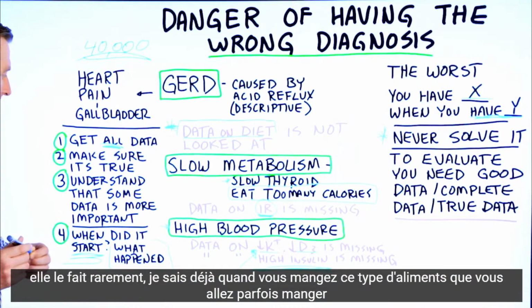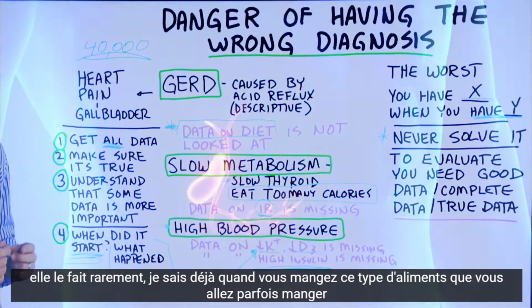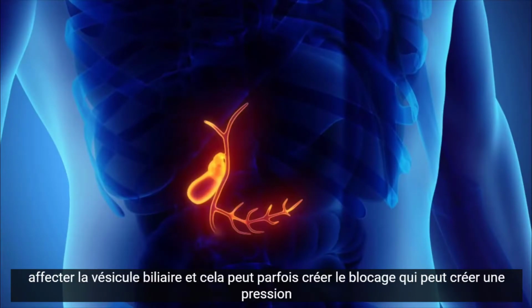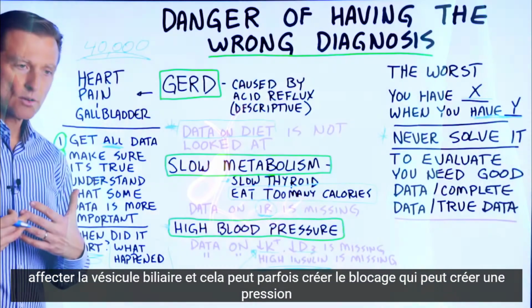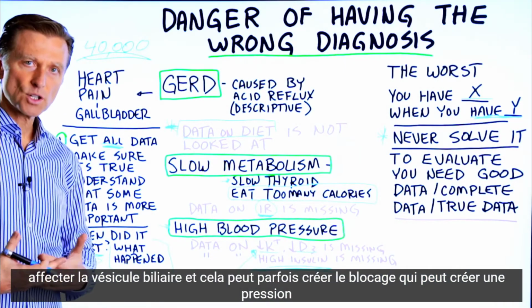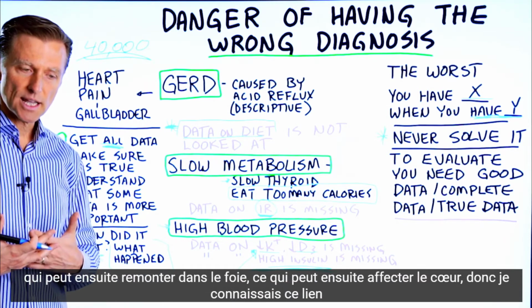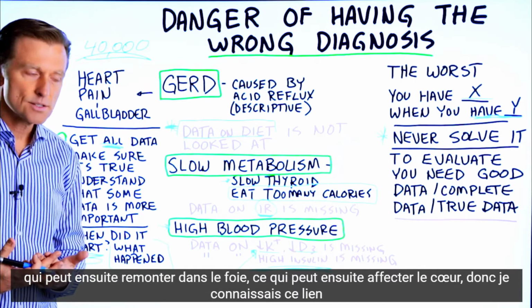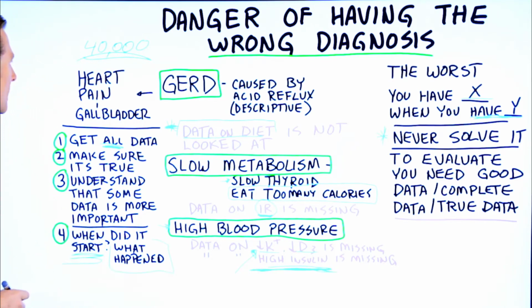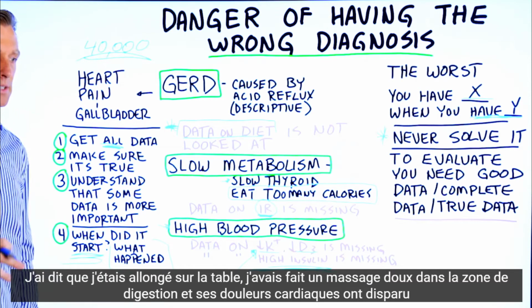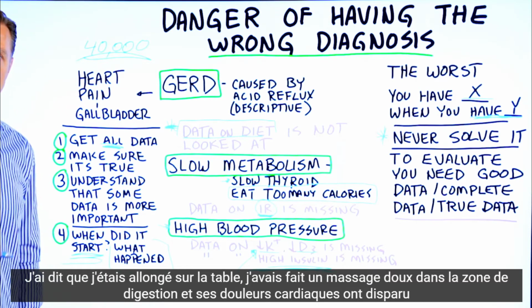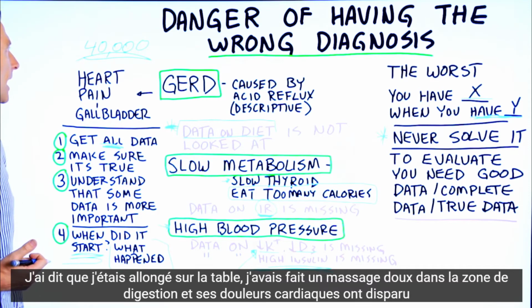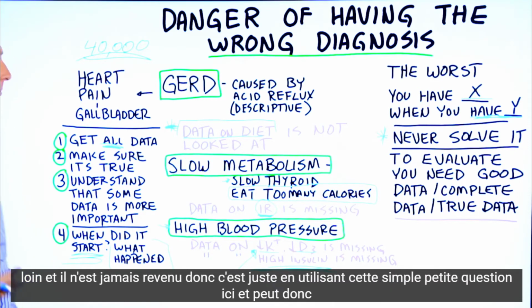Okay, she rarely ever does that. I already know when you eat those type of foods, you're going to sometimes affect the gallbladder. And that sometimes can create a blockage, which can create pressure, which can then back up in the liver, which can then affect the heart. So I knew about that link. I said, lay on the table, did some gentle massage in the area of digestion, and her heart pain went away and it never came back.